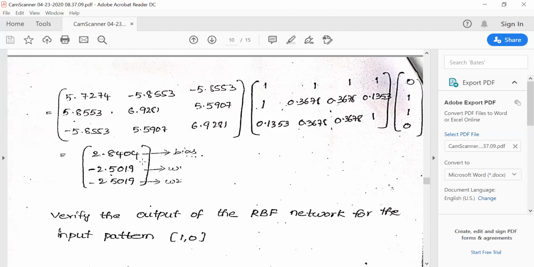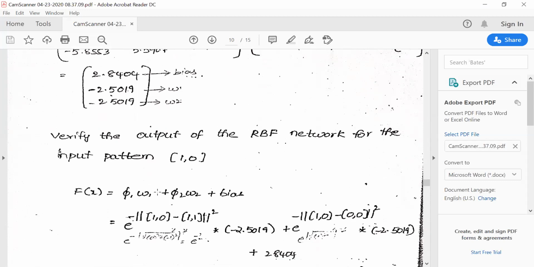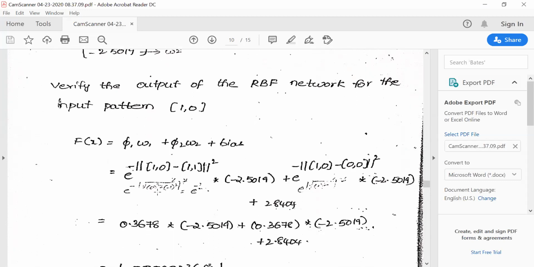Otherwise, if you add the bias values at the last column, then you will get the bias value as the last value in the vector. You need to understand that. So the weight vector is minus 2.5019 and minus 2.5019. So that's what we got.